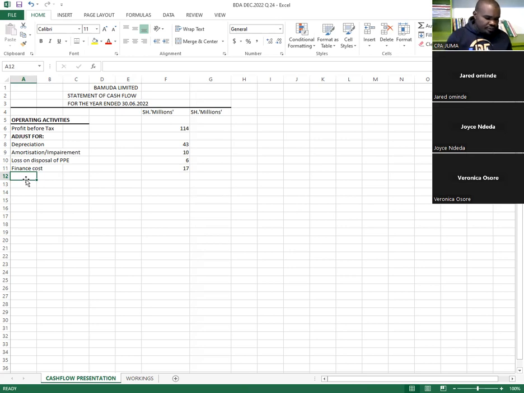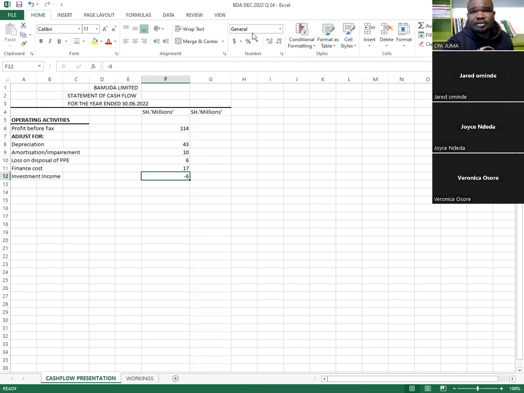You go up. Investment income, no. Yes, it's an income, but that is not an operating income. We don't receive investment income on daily operations. So you subtract it. Investment income, this one we have been given to be 6. So that one you subtract, because it is not an operating income.